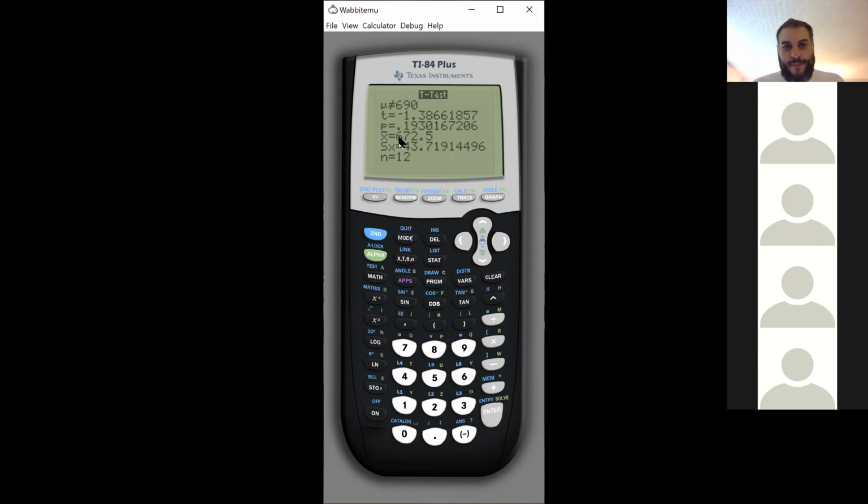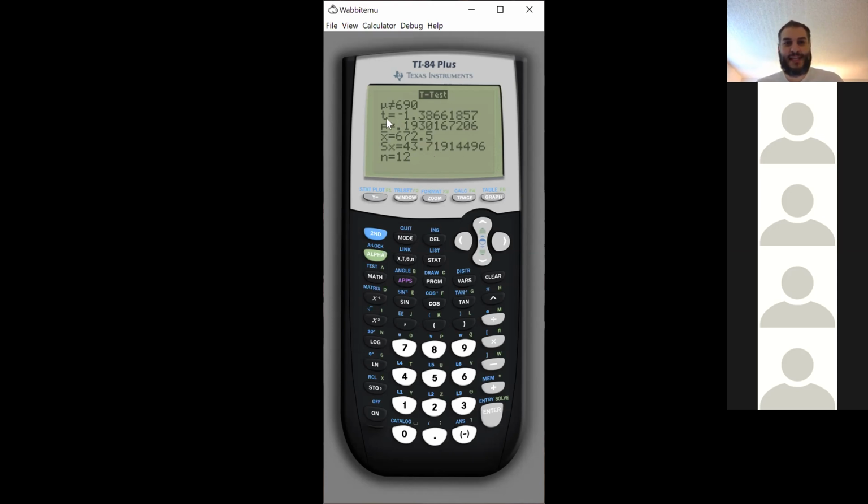If you look, the sample mean was 672.5, so I want to fill that out. Sx, the sample standard deviation, was 43.72. That's telling us we have a high standard deviation, because it's 43.7.